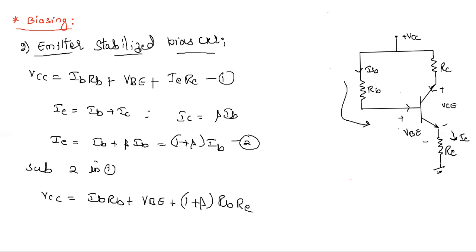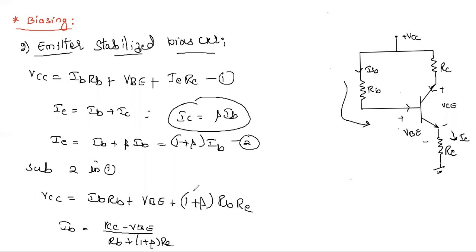And from this, I'm writing for IB. IB is equal to VCC minus VBE divided by RB plus 1 plus beta times RE. And we know that IC is beta times IB.